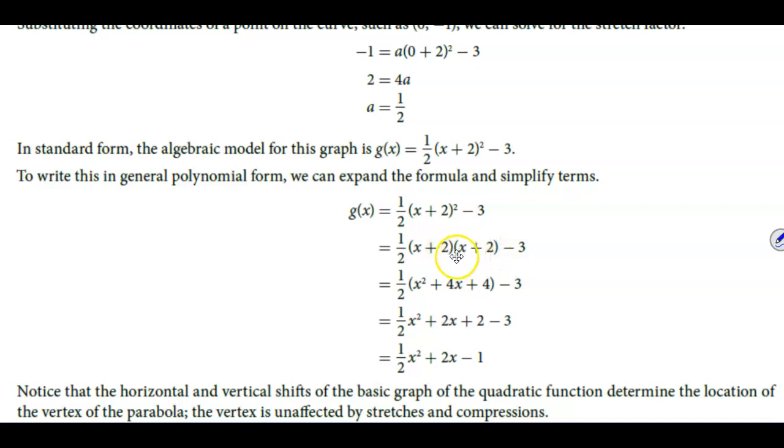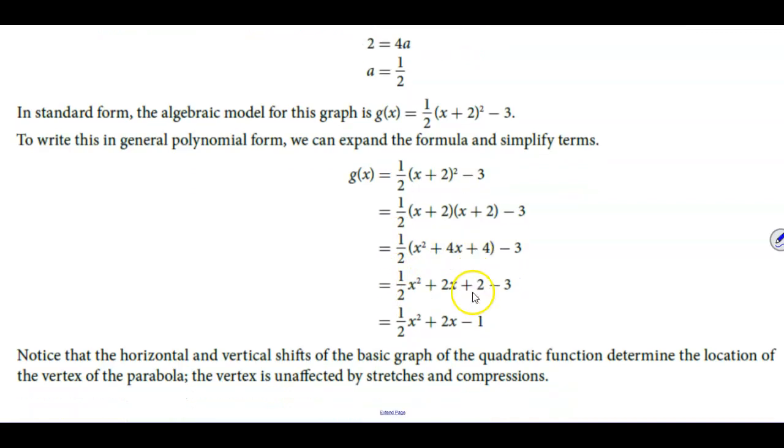You can FOIL that, which becomes x² + 4x + 4, times 1/2, minus 3. Now we distribute the 1/2 to all of those terms, which gives us 1/2 x² + 2x + 2, and then we subtract 3. And then we combine those terms. So we end up getting 1/2 x² + 2x − 1.